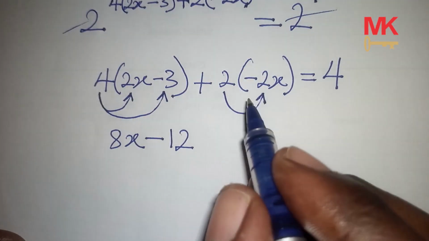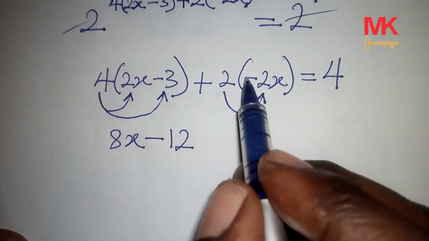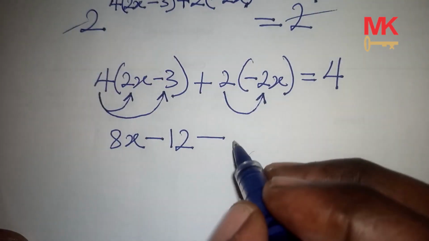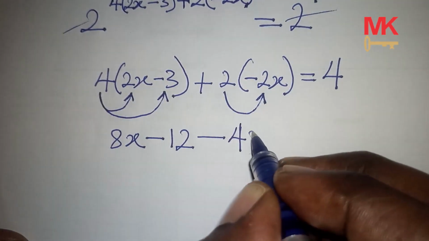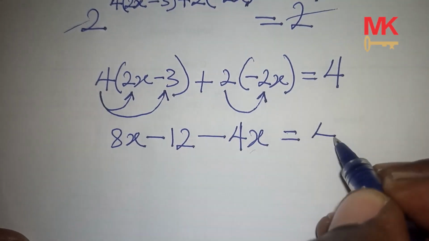A simpler way to do this is to first of all multiply the operation. Plus times minus is minus, and 2 times 2 is 4, then you keep your x. At the right hand side is equal to 4.